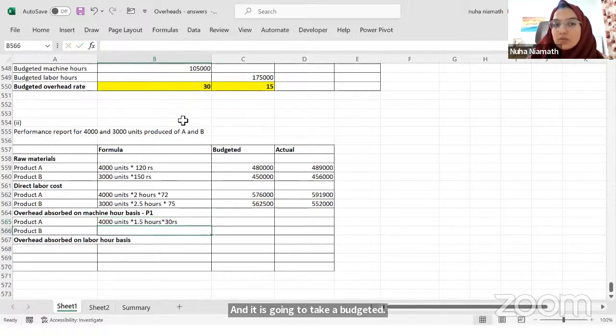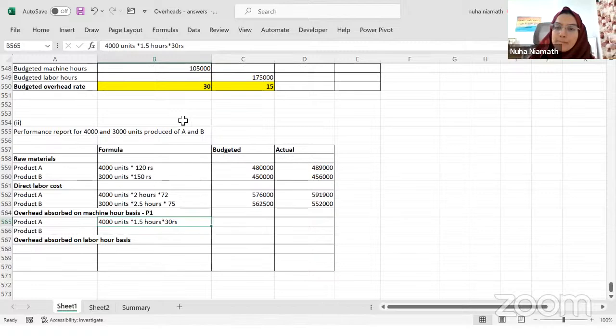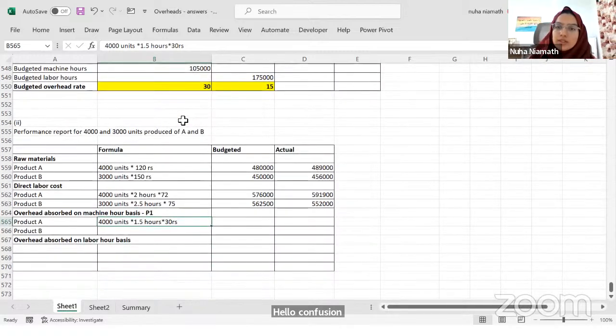Is it making sense why we have calculated it like this? Still confusion? Clear, Athira, thank you. How about the others? It's simple.